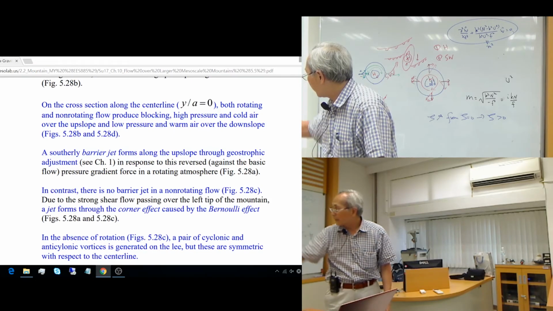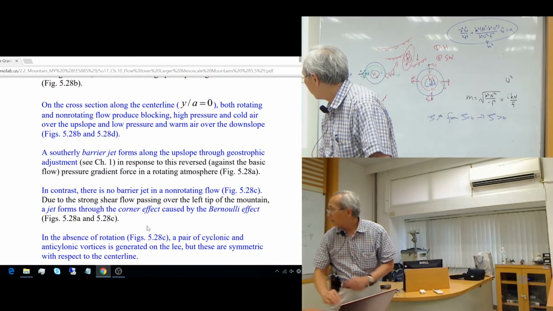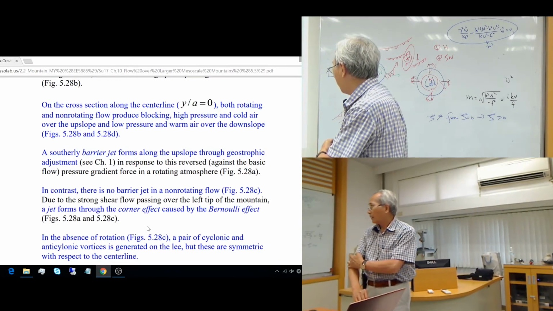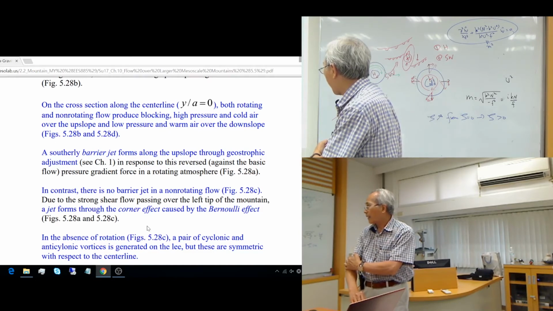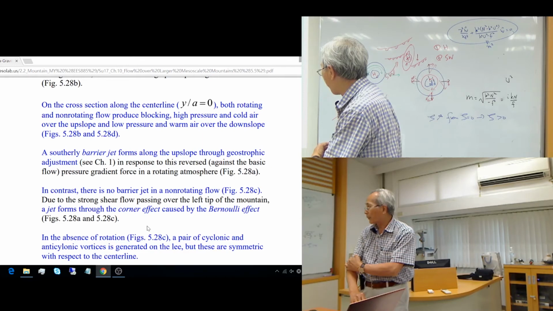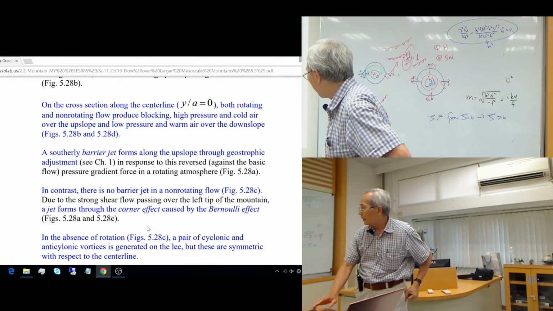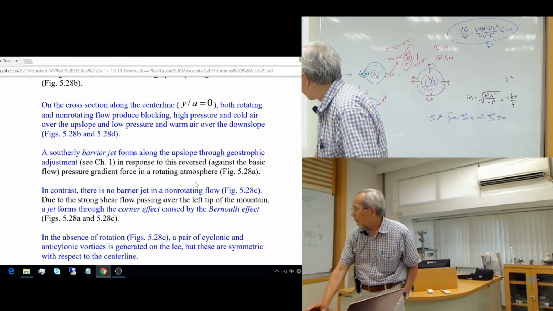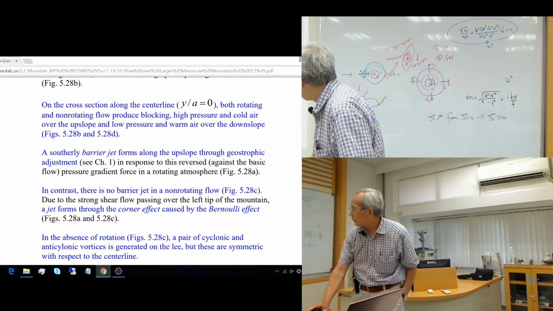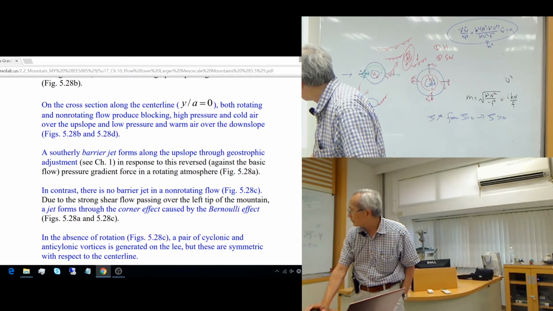So I think I already discussed that. A southerly barrier jet forms along the upslope through geostrophic adjustment in response to this reversed pressure gradient force in a rotating atmosphere.